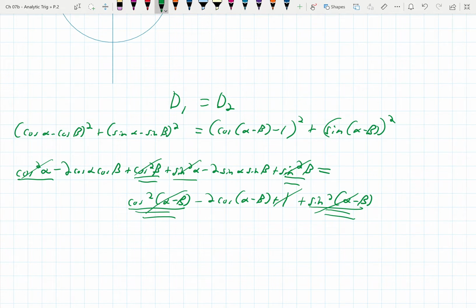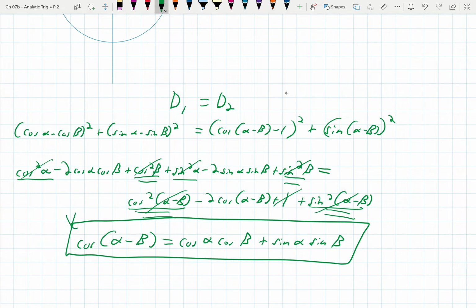And if I flip things around a little bit, I end up with the cosine of alpha minus beta is equal to cosine alpha cosine beta plus sine alpha sine beta, which is actually the point of what we were trying to arrive at.